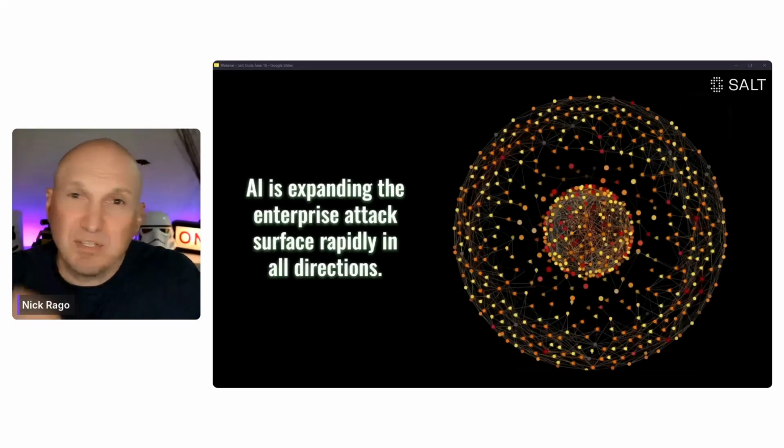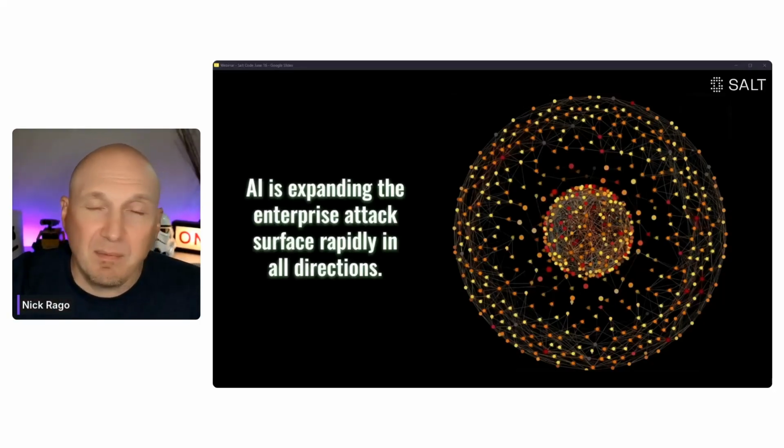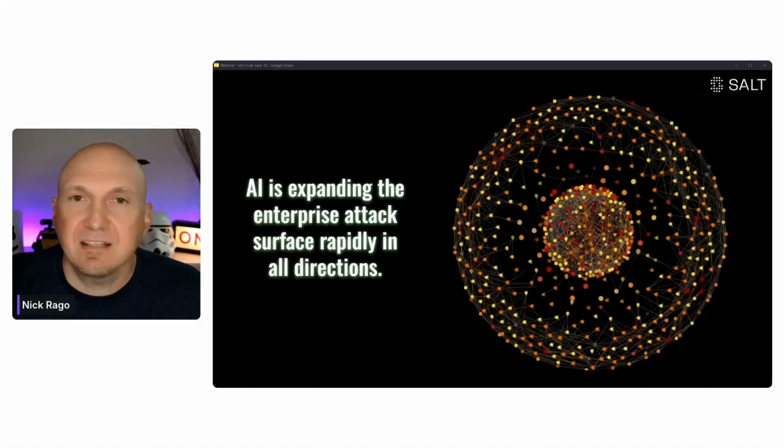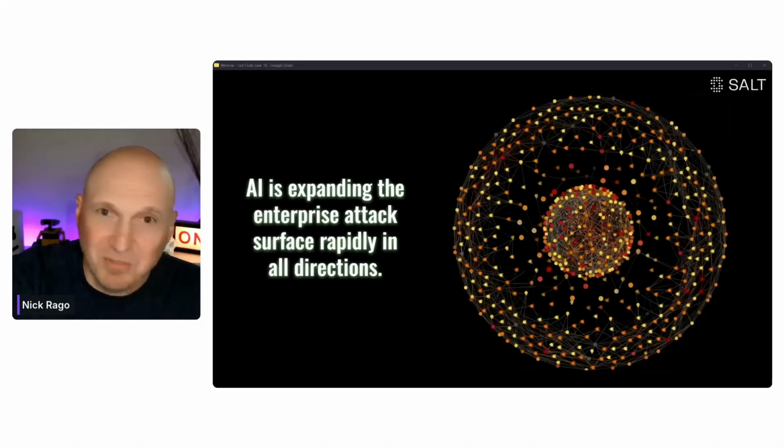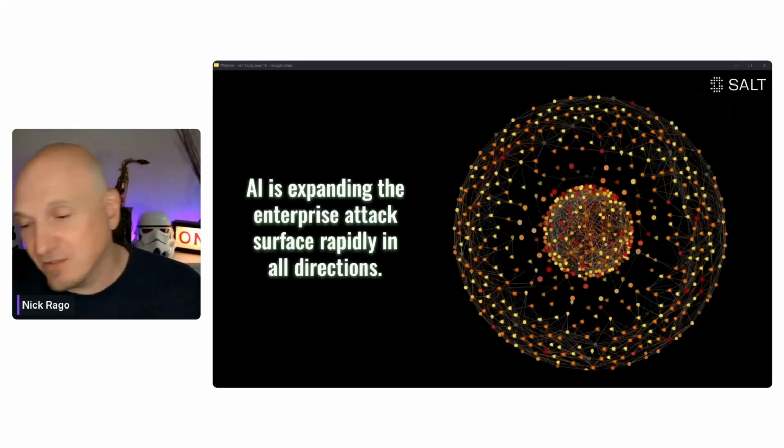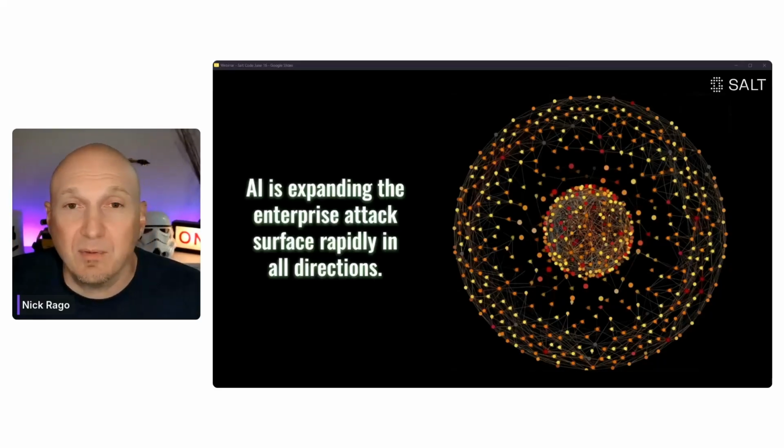This is really preaching to the choir a little bit here. Everybody knows that AI is expanding the enterprise attack surface faster than we've ever seen before, faster than the mobile transformation phases that we went through, faster than all the digital transformation phases that we went through.